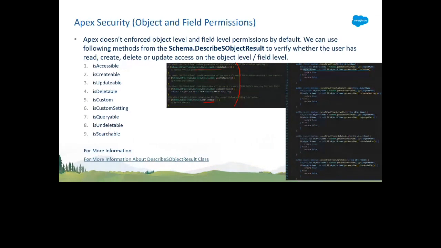For the CRUD operations, you can do it like that. And for the other methods, we can write the code like I implemented here: isCustomSetting, isQueryable, isUndeletable, isSearchable. So yes, you can do that.